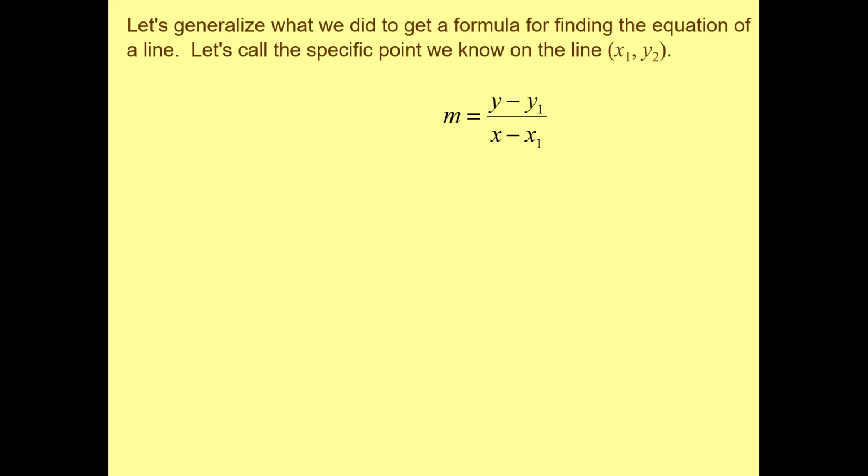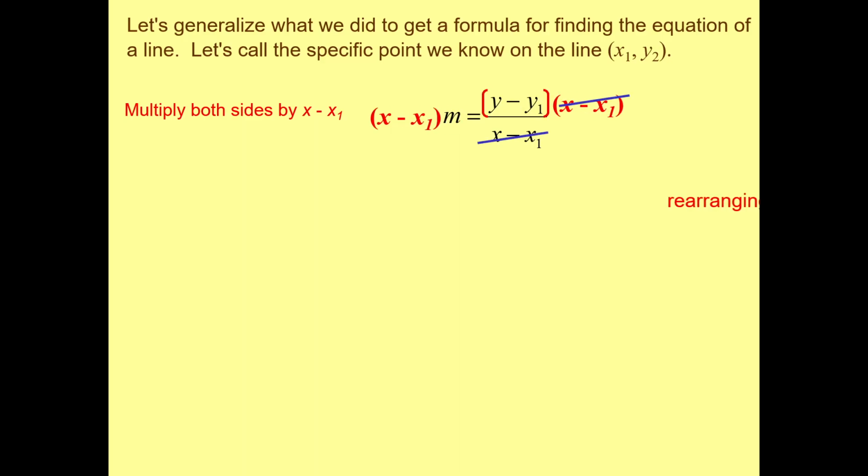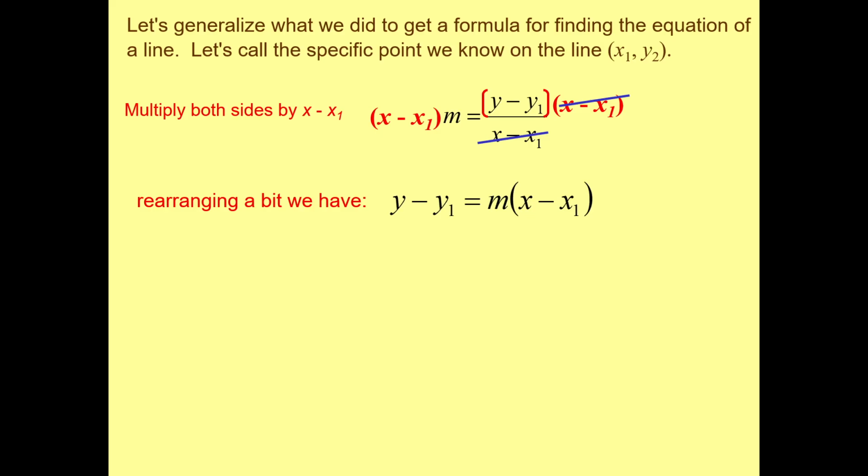What we did to get a formula for finding the equation of a line: let's call it a specific point we know, (x1, y1). Again, multiply both sides by x minus x1. Rearrange it a little bit.